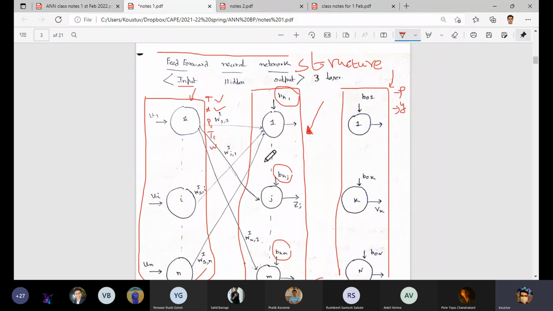We can have multiple hidden layers, or we can have a single hidden layer. Now, what is the need of this hidden layer? Can anyone say? We can easily have input and output, just like linear regression. We can make a regression line and we can make the coefficients available.